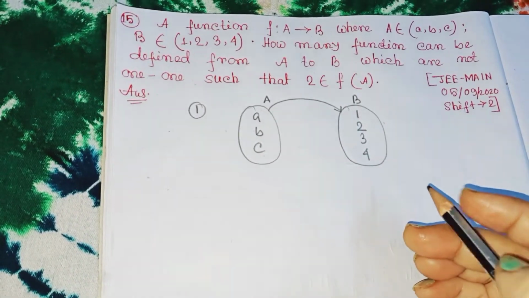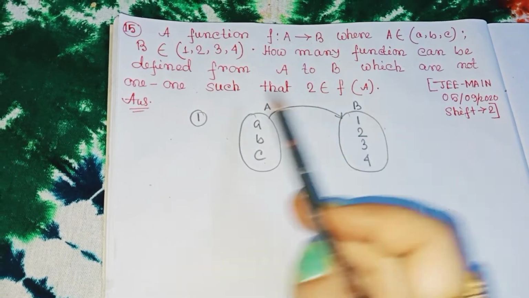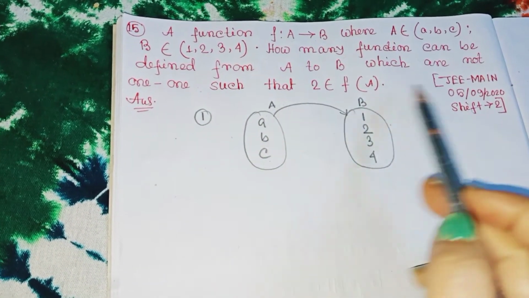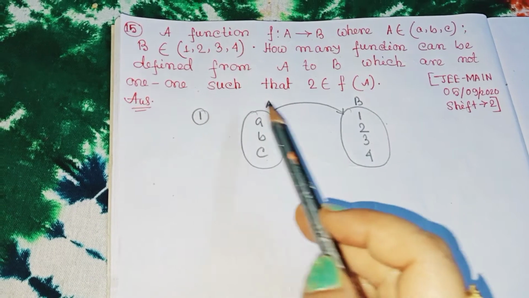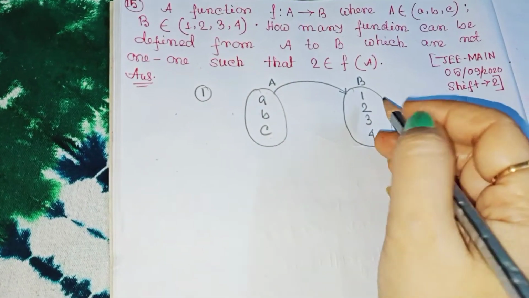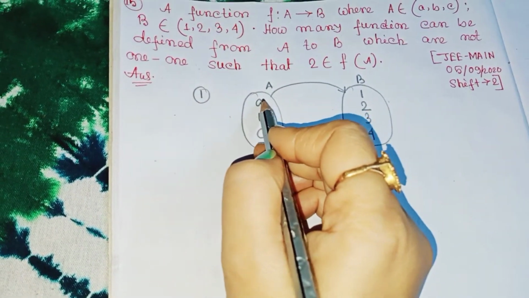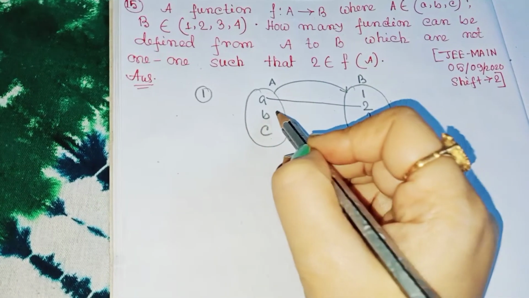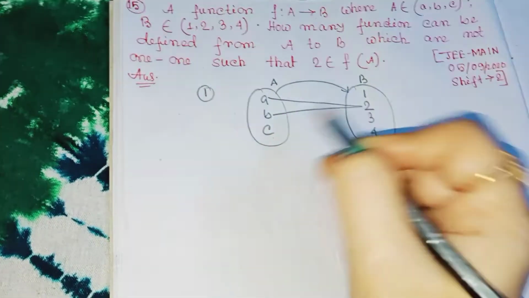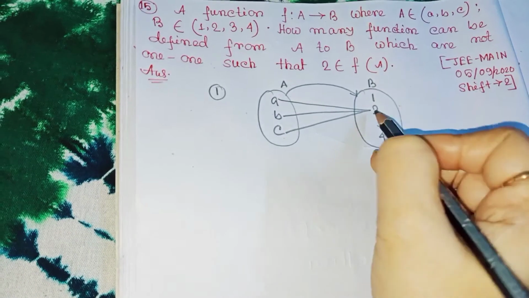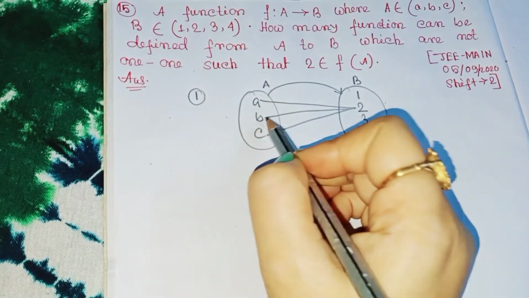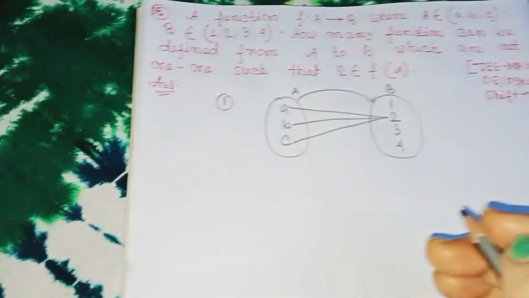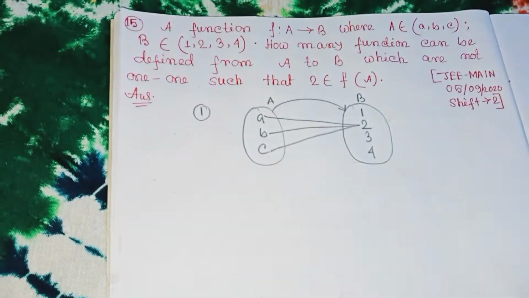The question asks how many functions can be defined from A to B which are not one to one such that 2 is fixed here. So we just map a, b and c to 2.